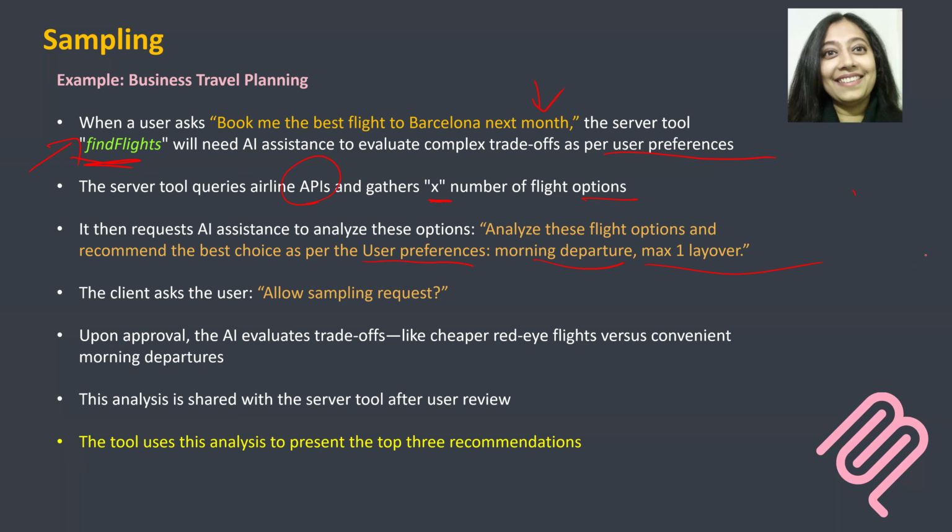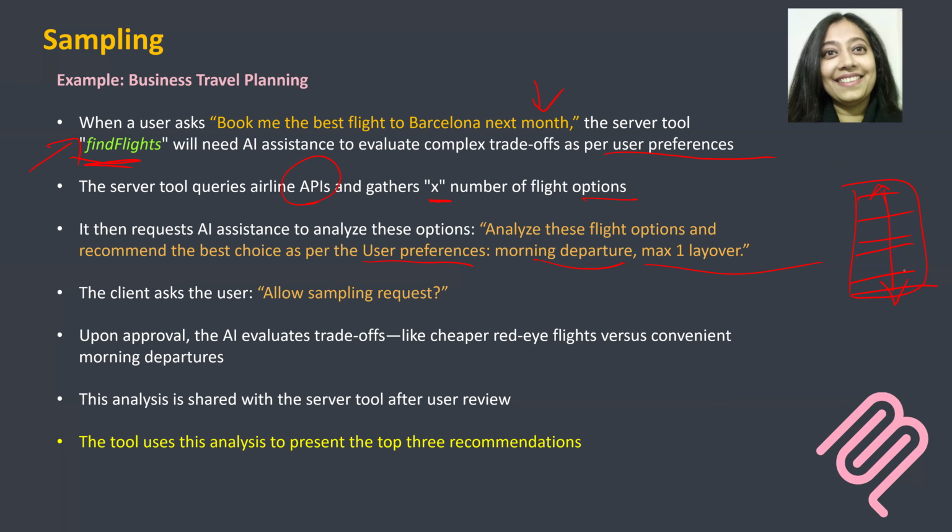So I have a list of flights. This is my list. But of course, not all flights are going to be the best flight for the user, especially as per the preferences. So amongst this entire list, I have to basically pick and choose the best one.